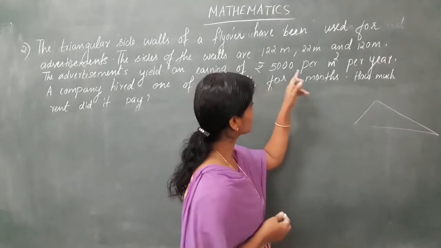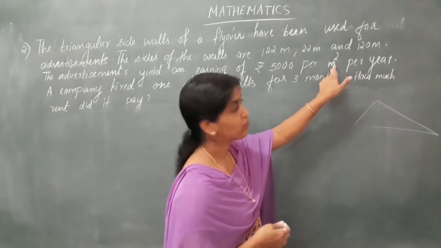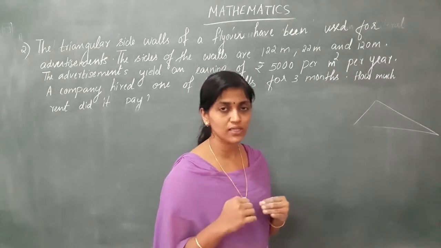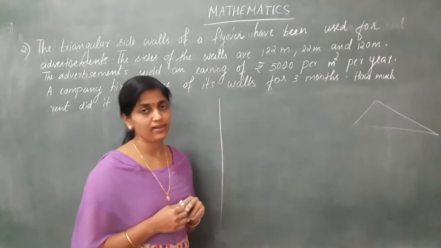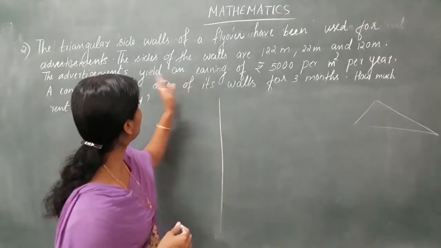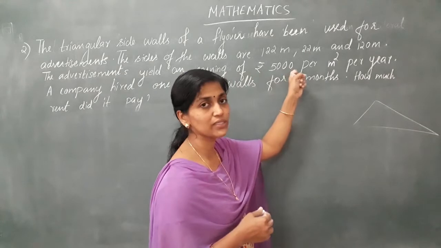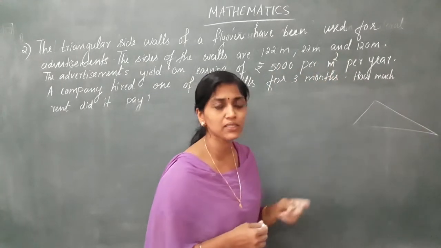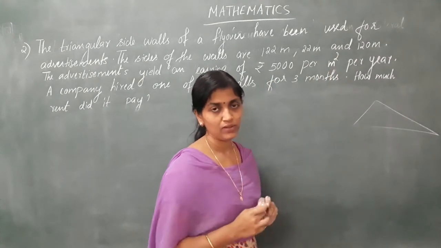It is 5,000 per meter square for 1 year. Okay. So in this question, what do we have to find? We have to first find the area. Why are we finding the area? Because the advertisement yield is given to us as rupees 5,000 per meter square, that is, the amount is given per area.